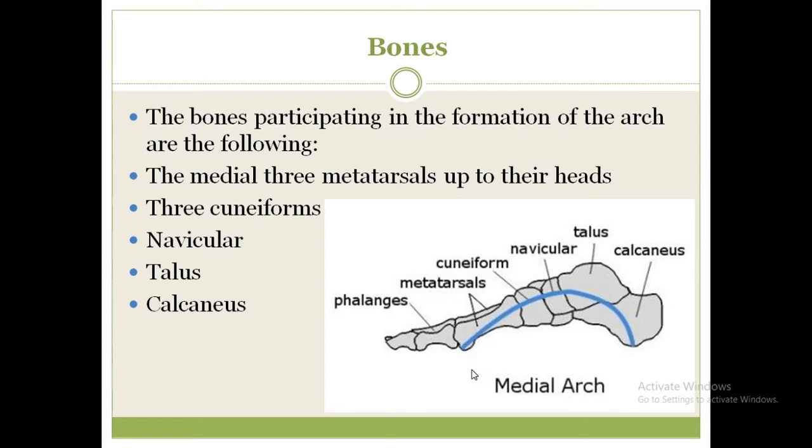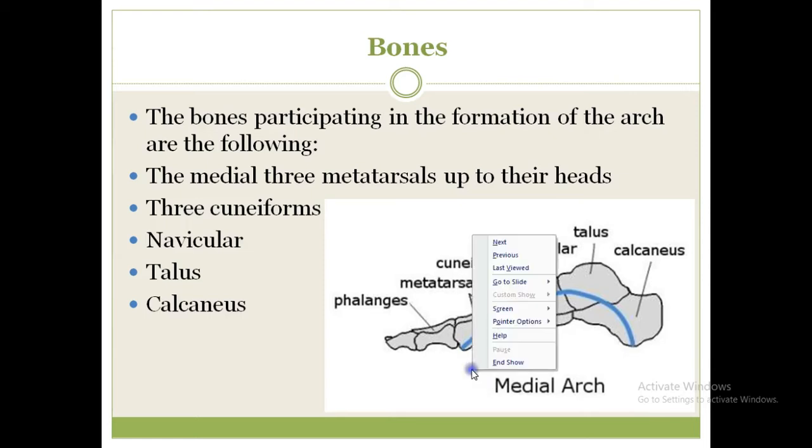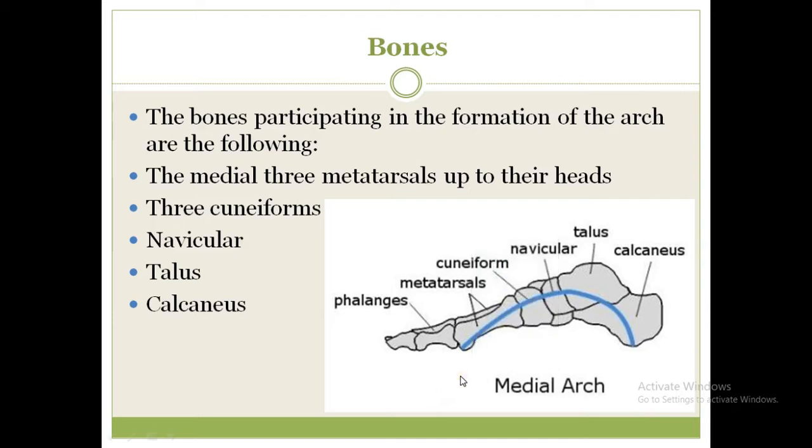Then, as we have discussed before, the framework of the medial arch is formed by the bones. Now, which are the bones involved in the formation of the medial longitudinal arch? The bones contributing to the medial arch are the medial three metatarsals up till their heads. Then we have the three cuneiforms, that is the medial, intermediate, and the lateral.